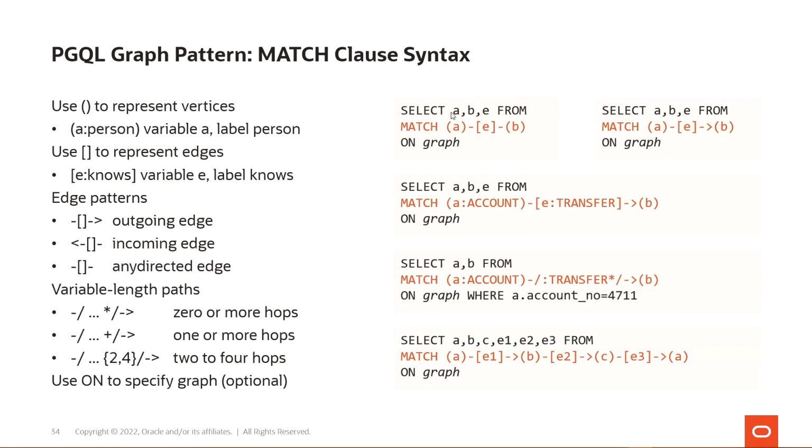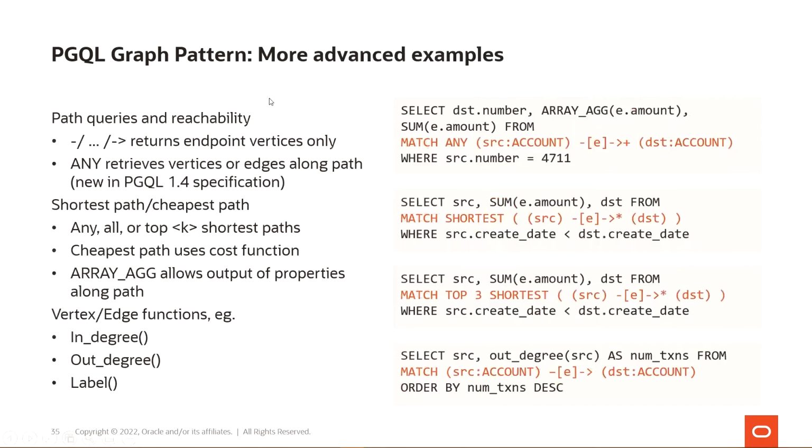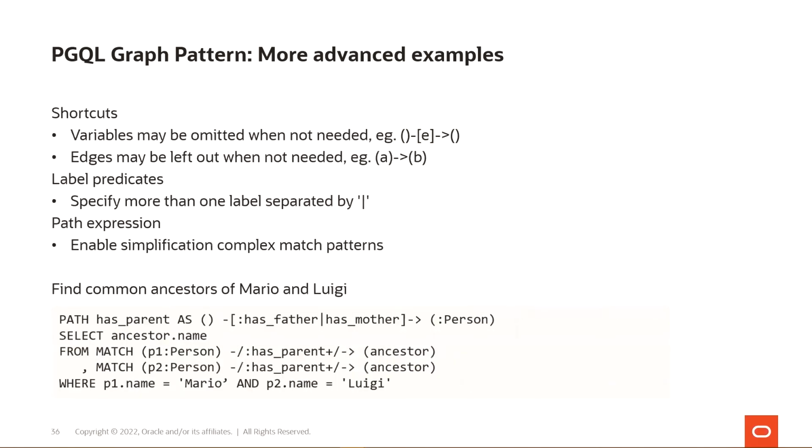So we've talked about the syntax of PGQL and examples. There are many more examples and clauses that can be used here: shortest path, top three shortest path queries, then aggregating nodes, all those kind of things.